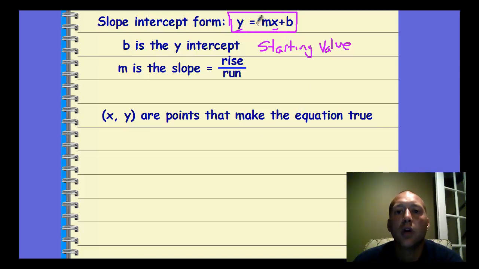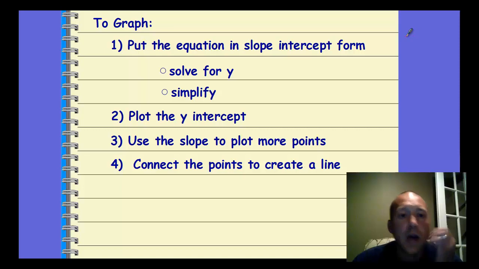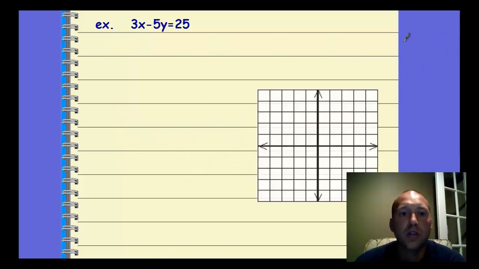To graph, we can put the equation in slope-intercept form, which means we solve for y, or isolate y, and simplify. Then to graph, we plot the y-intercept first. Always plot that point, then use the slope to plot more points, and then just connect the points. Those are the steps we've done in previous years, hopefully, to graph.